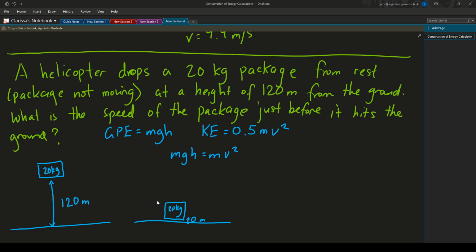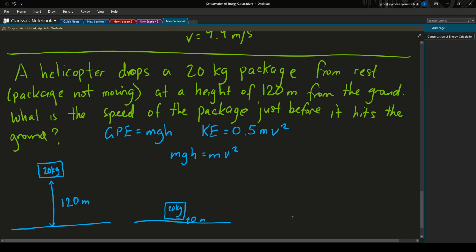No. So with that's a very good question. So basically, what you are missing here, where you're going wrong, is let me write out a little bit more. So this is the first stage. So this is at the very start, on the left side. For our object, our package, its GPE is at max. Our kinetic energy, because it started at rest, was 0.